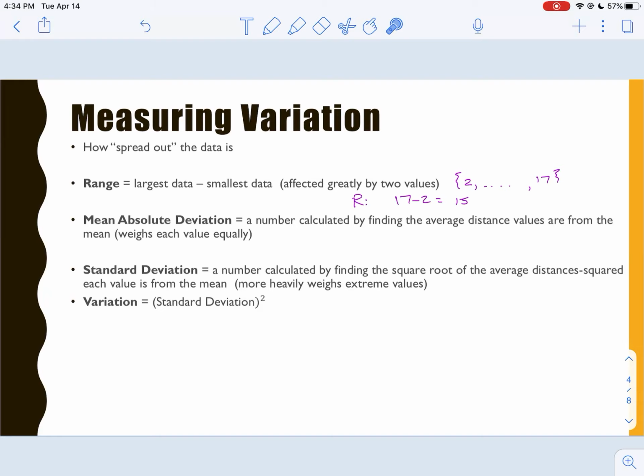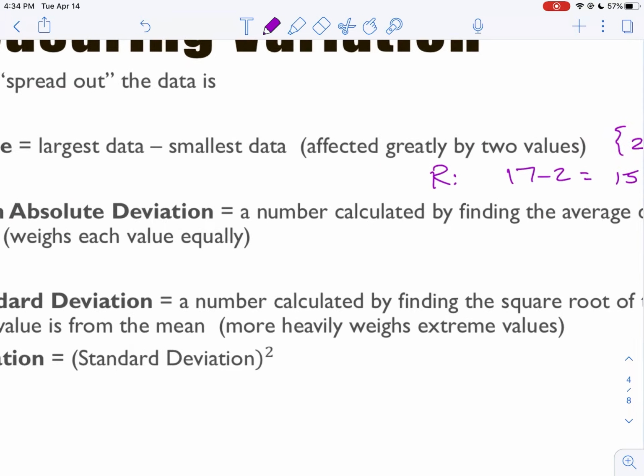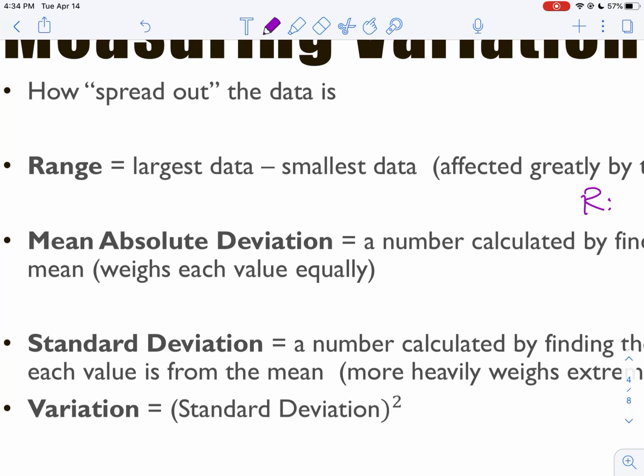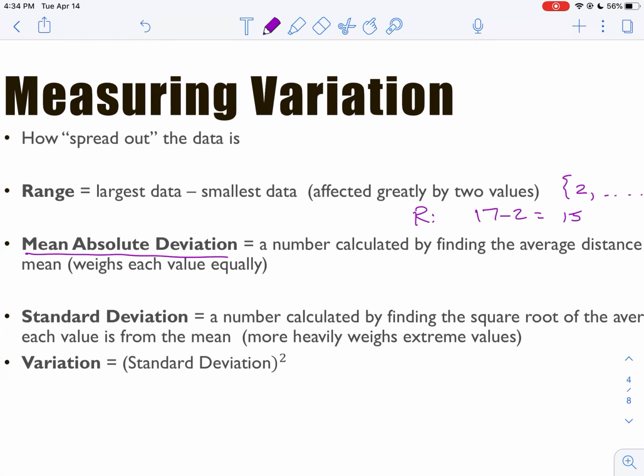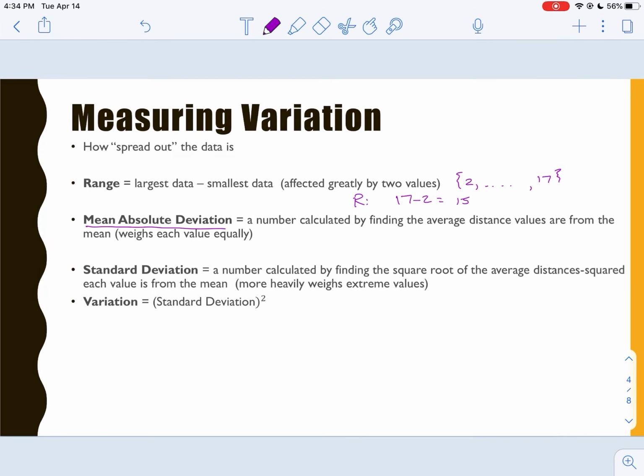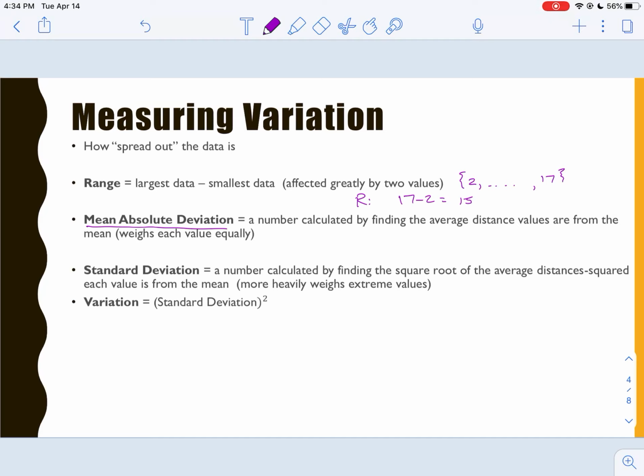It seems like in my experience that mean absolute deviation is gaining popularity since 2010, the Common Core standards, but that's just my experience and opinion. At least for middle school students, it seems like mean absolute deviation is a little bit easier to get your brain around than standard deviation.